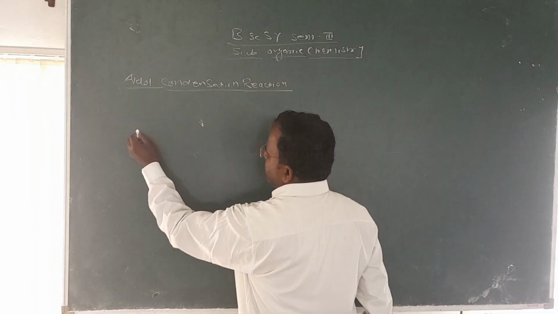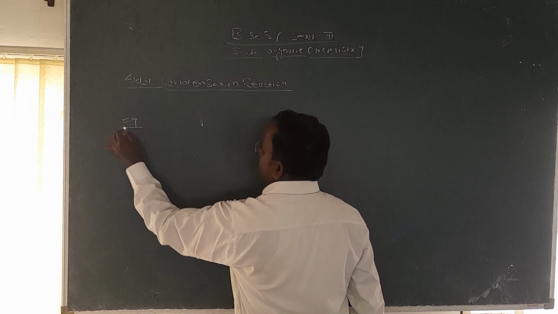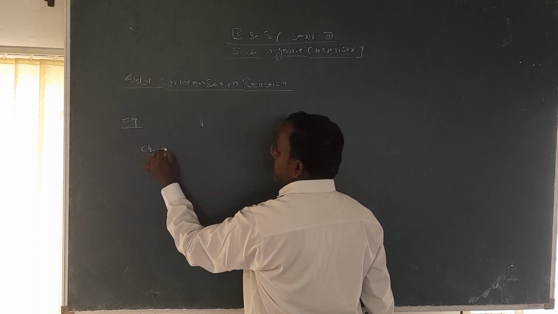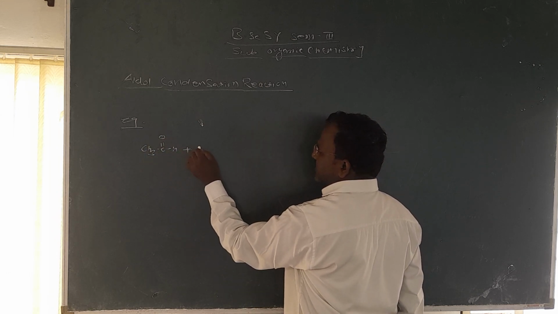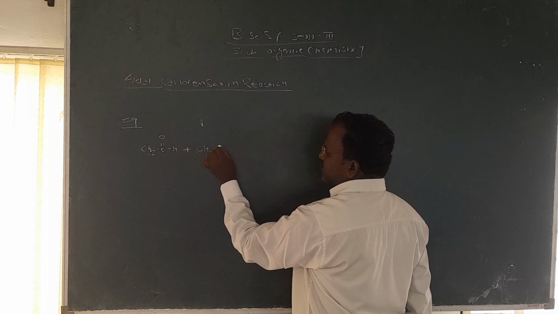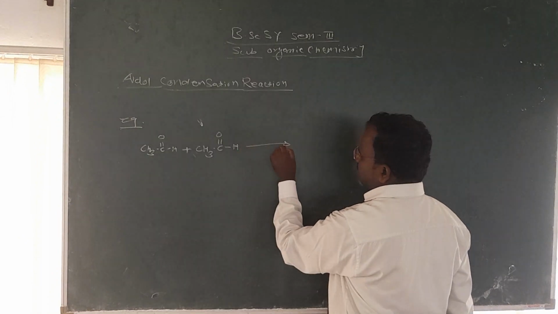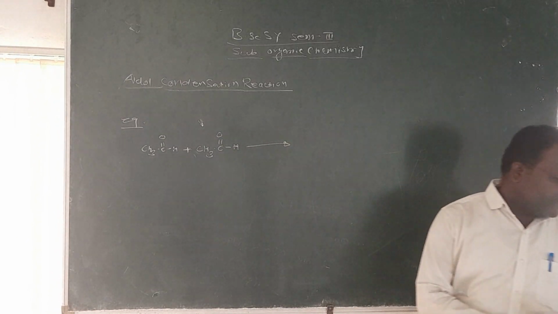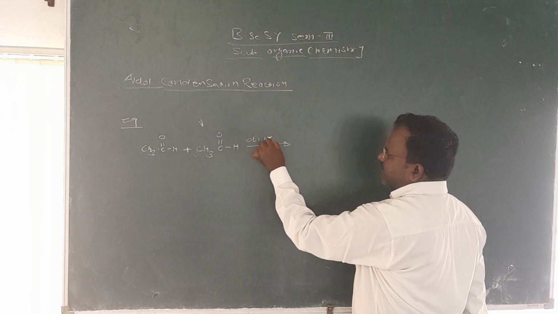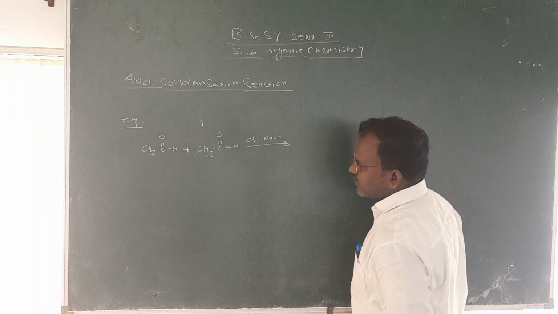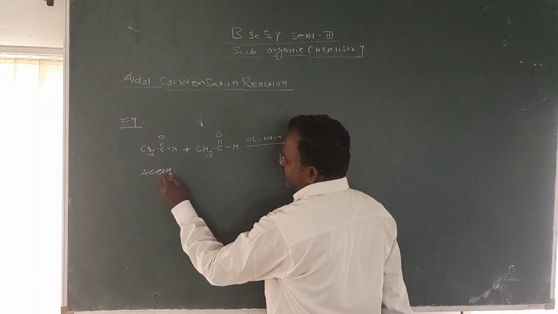One example is acetaldehyde, CH3CHO, plus another mole of CH3CHO, in the presence of dilute NaOH or KOH.